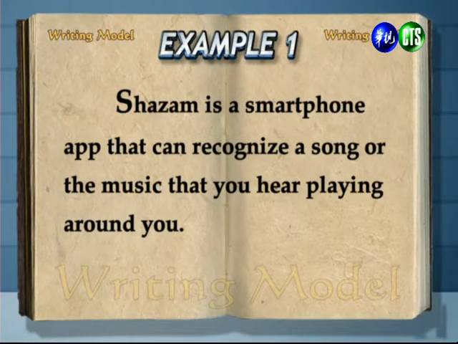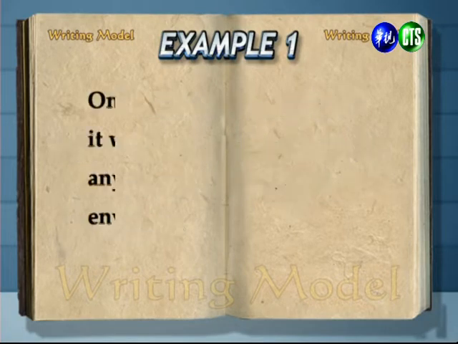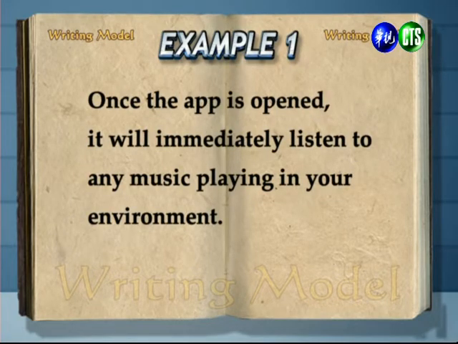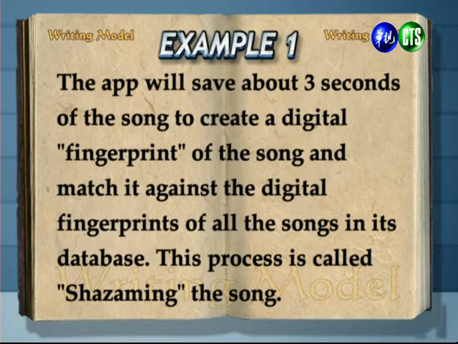Shazam is a smartphone app that can recognize a song or the music that you hear playing around you. Shazam 是一个智慧型手机的应用程式，可以帮助你去辨识你周遭听到的一首歌或是一条音乐。 Once the app is open, it will immediately listen to any music playing in your environment. 一旦这个应用程式开始运作，它就会立刻听取你周遭正在播放的音乐。 The app will save about 3 seconds of the song to create a digital fingerprint of the song and match it against the digital fingerprints of all the songs in its database.